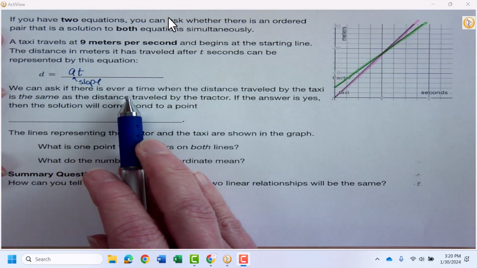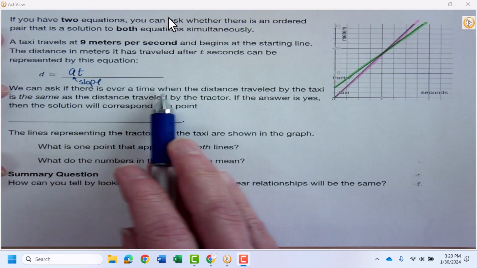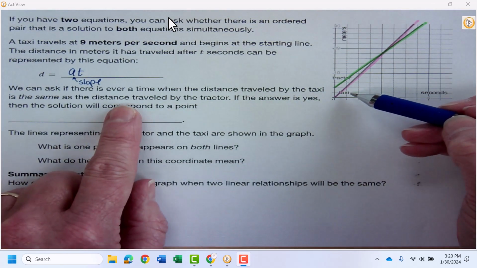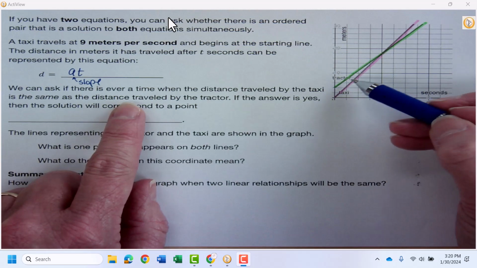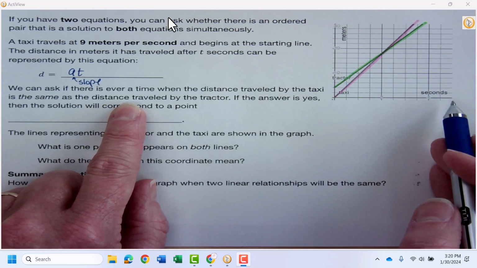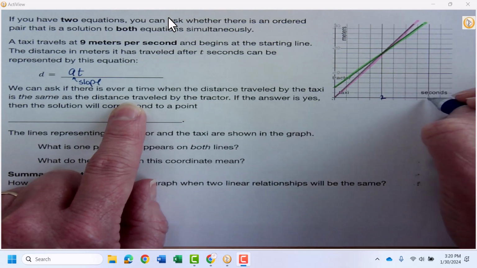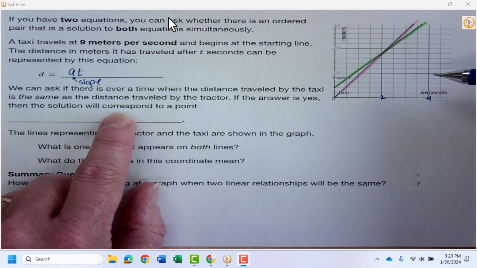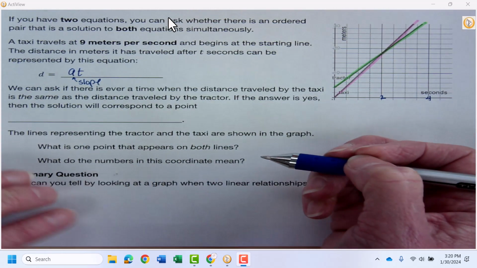So we're looking to see if there's ever a time when the distance traveled by the taxi, that's the pink line, is the same as the distance traveled by the tractor, that's the green line. Is there any time, any number of seconds, where that's going to be the same for both things? If the answer is yes, then the solution corresponds to a point appearing on both lines.